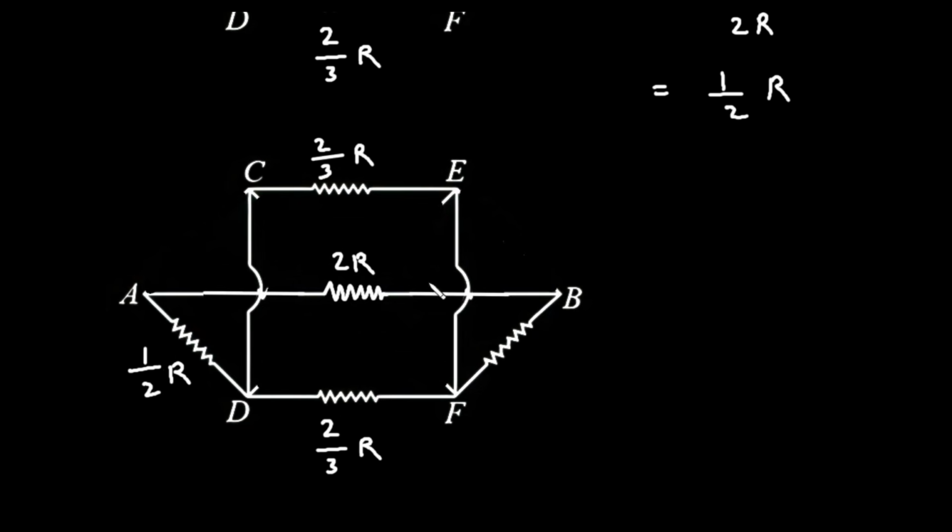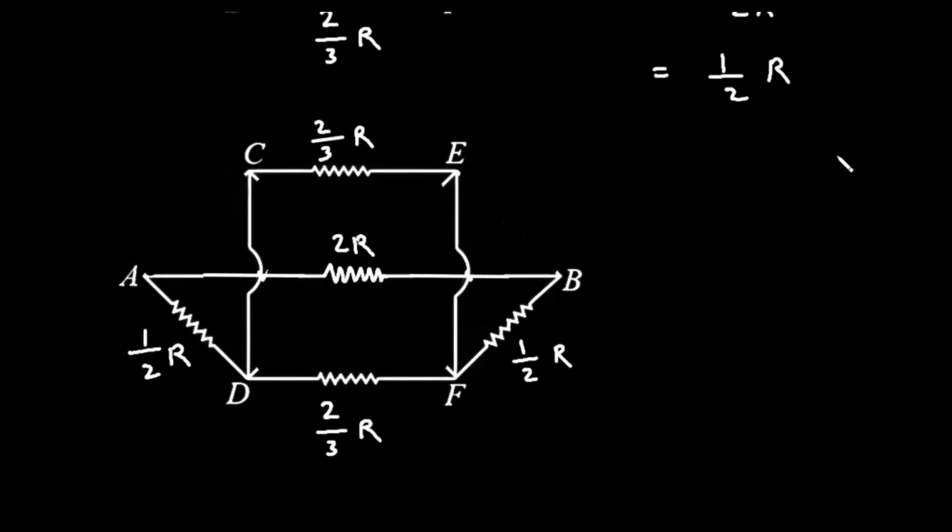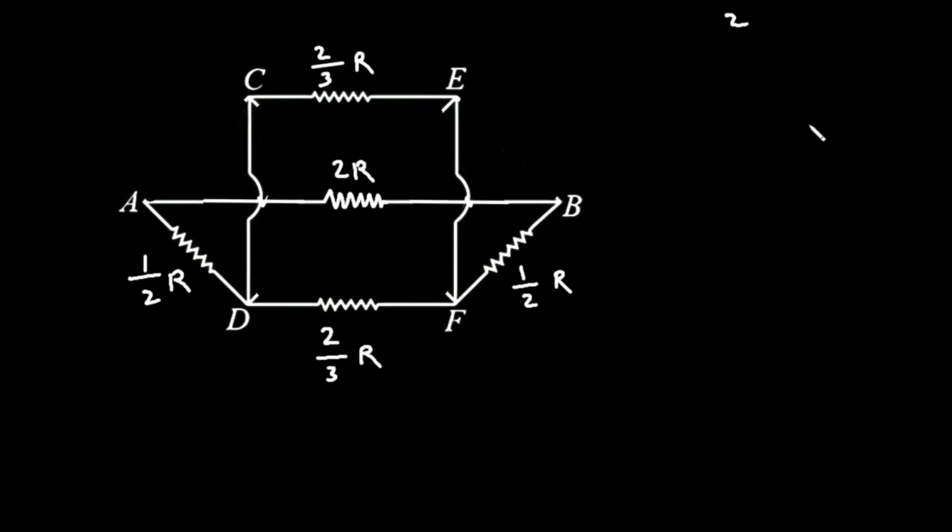Now it will be simply 1 by 2 R, 1 by 2 into R. Now next, here we can see this 2 by 3 R and this 2 by 3 R, they are connected in parallel. So let's solve this.